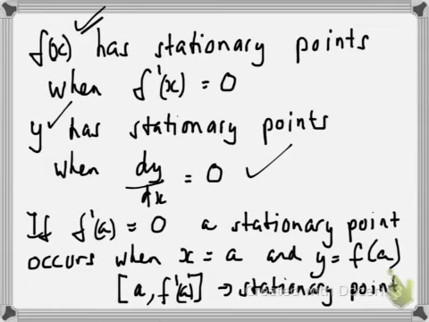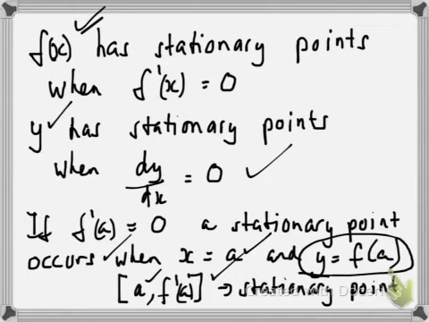If f dash a equals zero, a stationary point occurs when x equals a. So if you put an x value into the derivative and you get zero, that value for x represents a stationary point. To find its equivalent y value, you'd put that x value into the equation. So y would equal f of a. That is putting a into it. So therefore, a and f of a would be a stationary point.